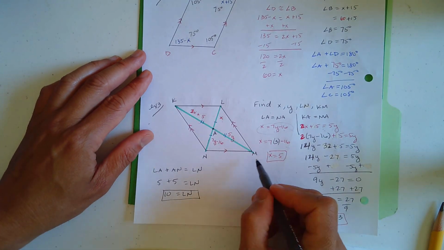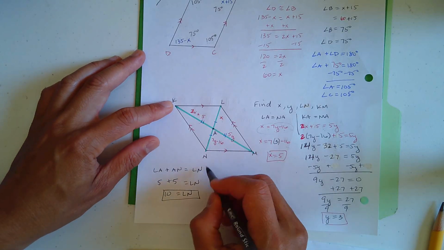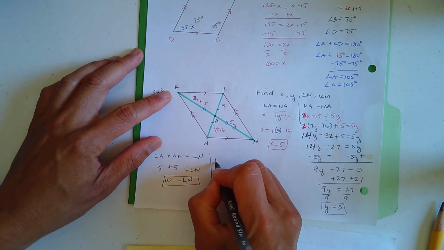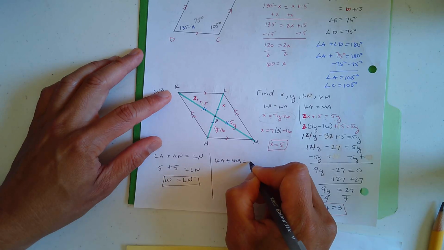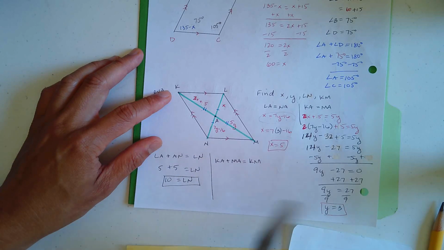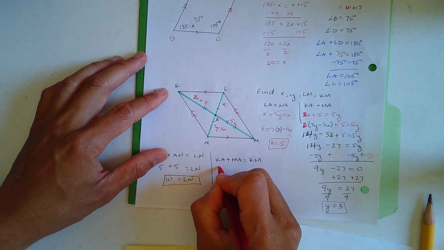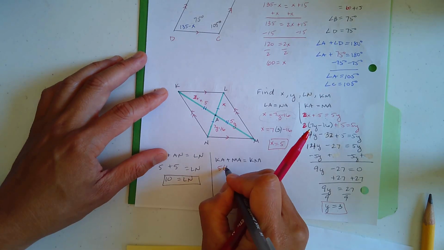Now they want us to find KM. They want us to find this entire diagonal. Well, again, we know that KA plus MA equals KM. KA is 5y, and we know y is 3.